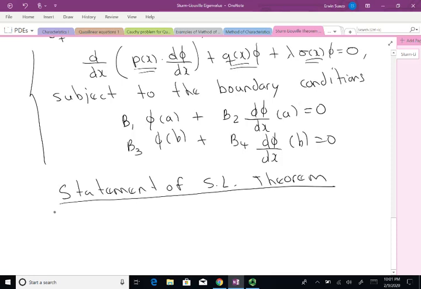It says many things. First, it says that all the eigenvalues lambda are real.